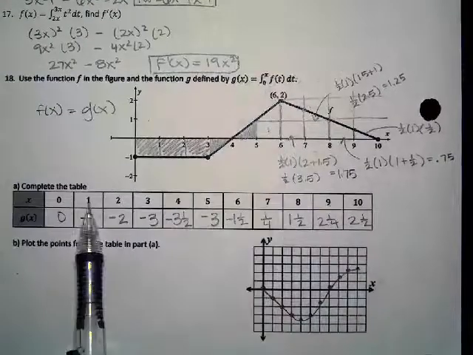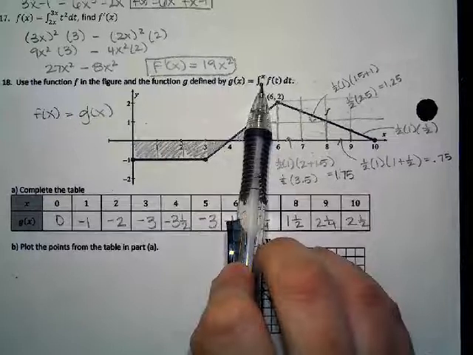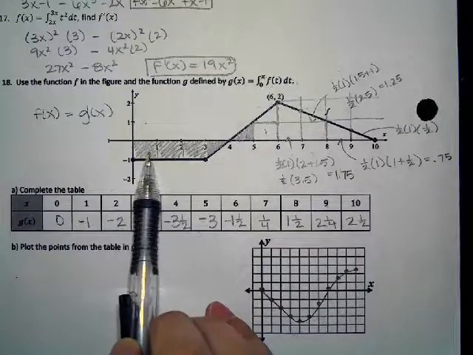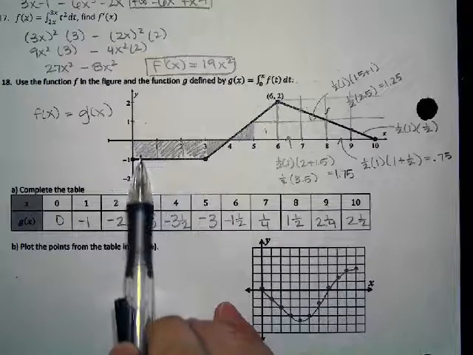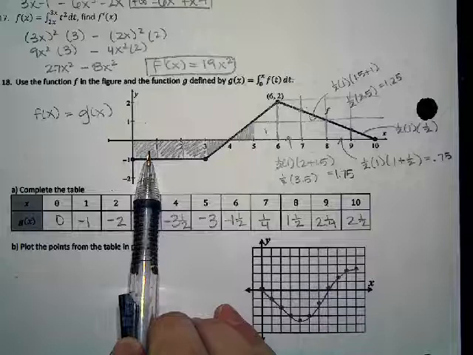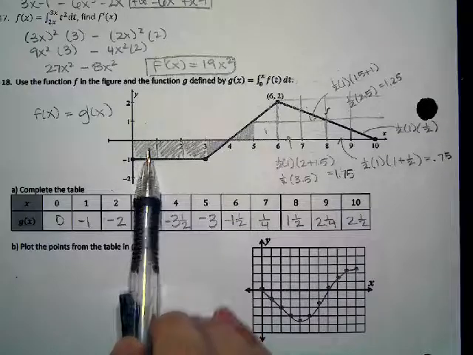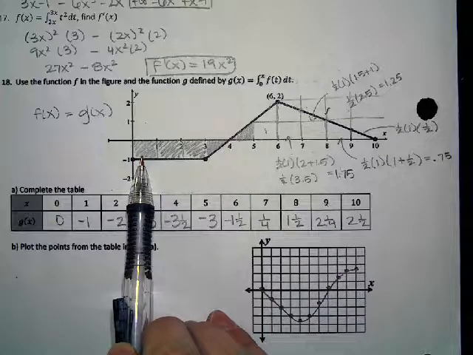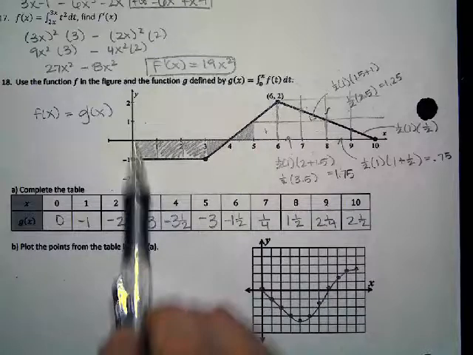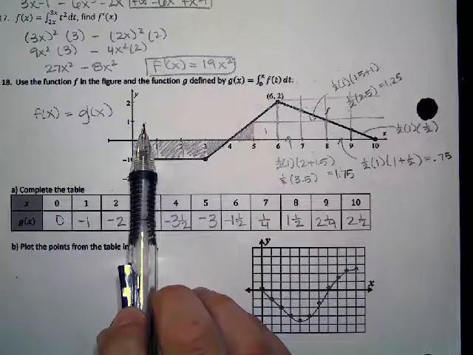Then if I'm plugging in 1, my area from 0 to 1 right there is a -1. Does that make sense? Because it's beneath the x-axis. Any area that's below the x-axis is negative. Any area that's above the x-axis is positive.